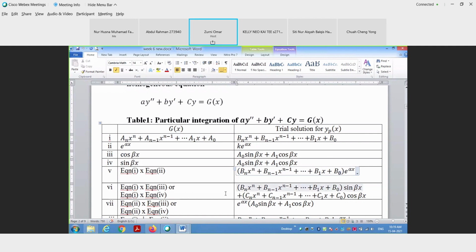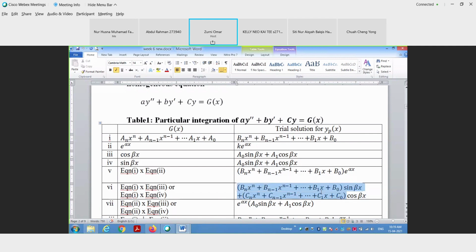Similarly, when you have equation 1 times equation 3, or equation 1 times equation 4, your yp will be in this form.